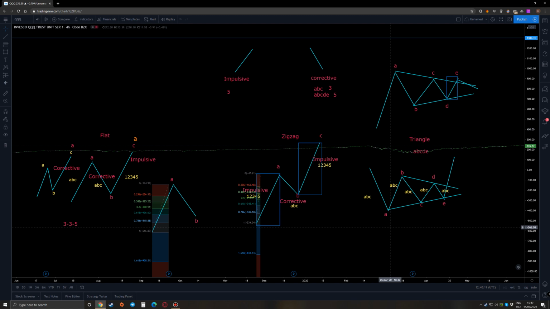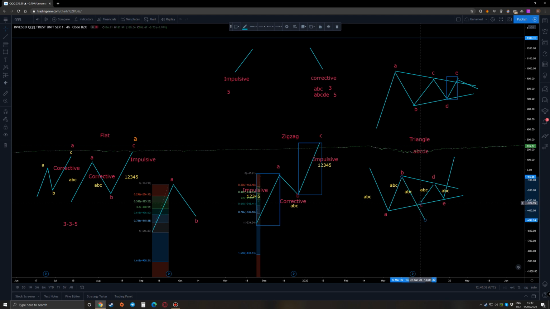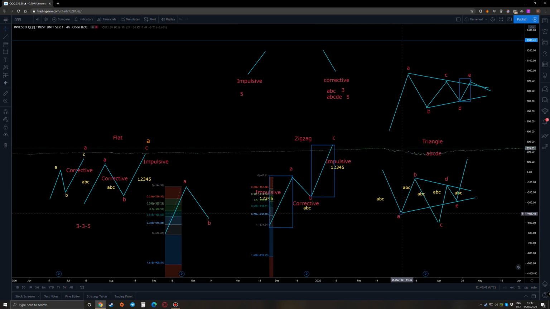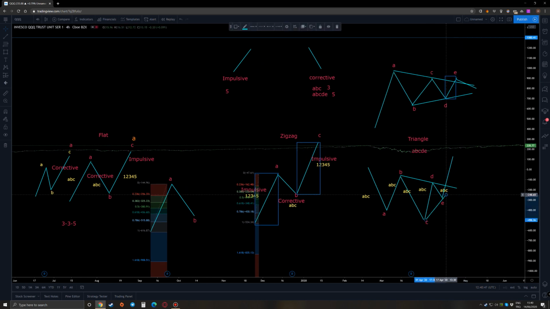Because the AC trend line and the B to D trend line are coming together. Okay. Now you can have an expanding triangle too. You can have a triangle with an A and E baseline. Now if you have something like this, some type of special triangle, this is a triangle too. You can have a C and E base triangle. Look, you can have a triangle like this too. These are all triangles. You can have expanding triangles.